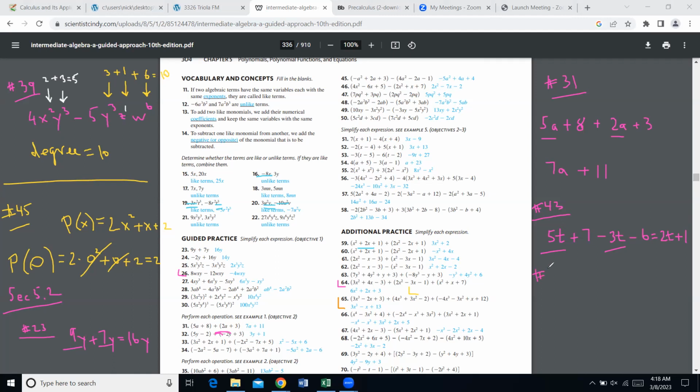Let me copy this the way it's supposed to be. So 7 times x plus 1 in the parentheses. And then you have to also put a -4 in front of the other parentheses with x plus 4.